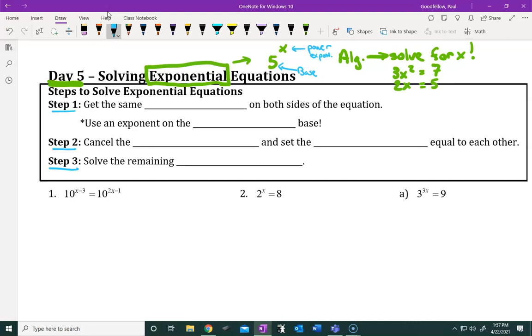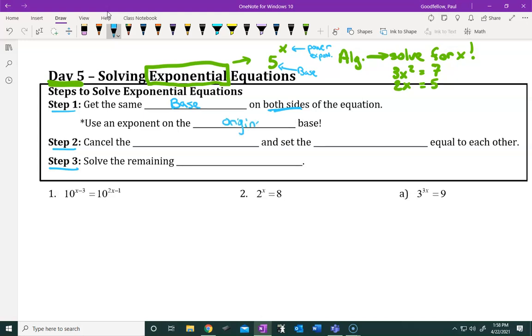Number one, it says get the same base on both sides. This is something that we're going to work really hard towards: trying to get the base number on the bottom on either side of the equal sign to match each other. To get them to match, sometimes you might have to use an exponent of the original base.